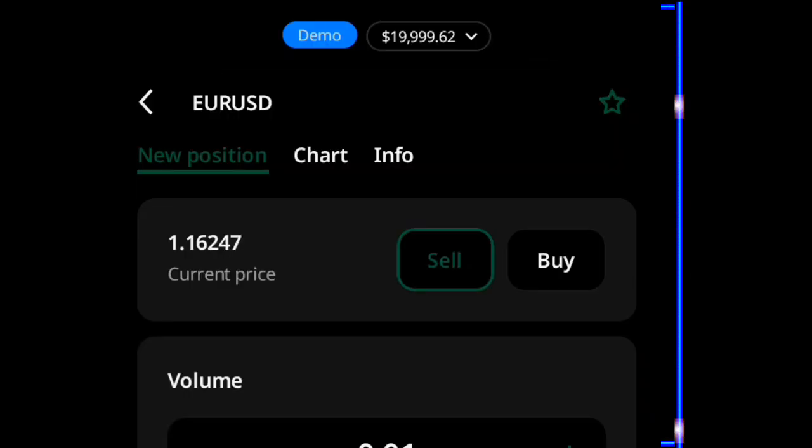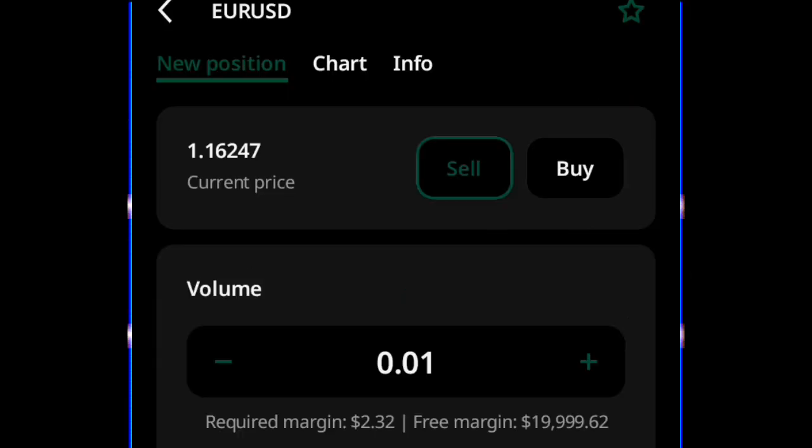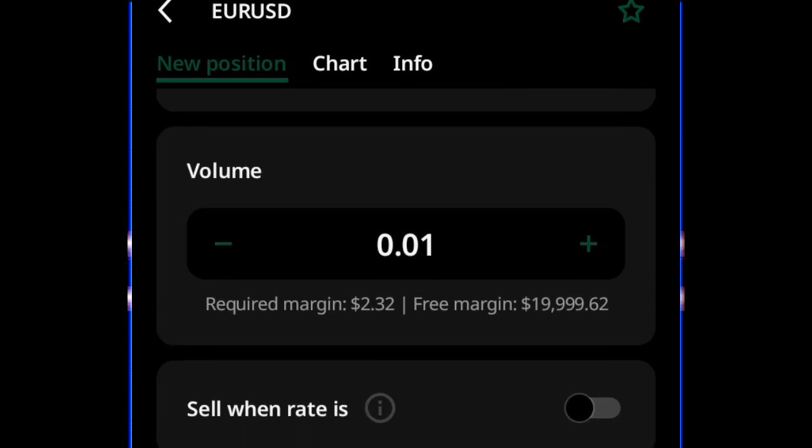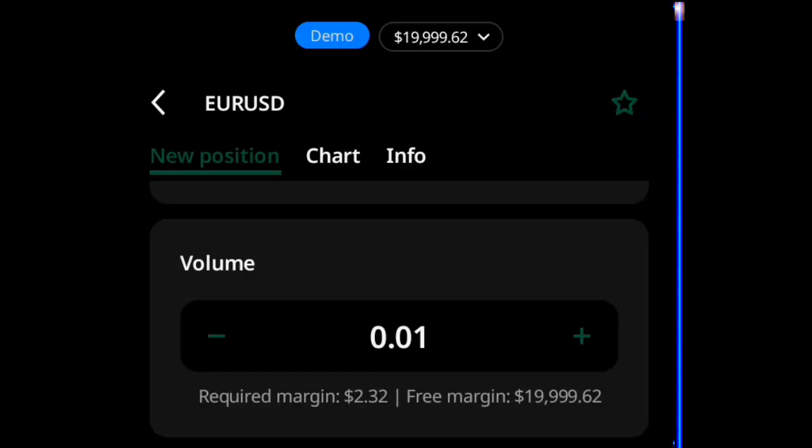You see, my demo account is 19,992.62 US dollars. Now you can train from here. Then once you have mastered these strategies, or once you have tested your strategies, you can come here again and open a real account, then fund your account and then trade.